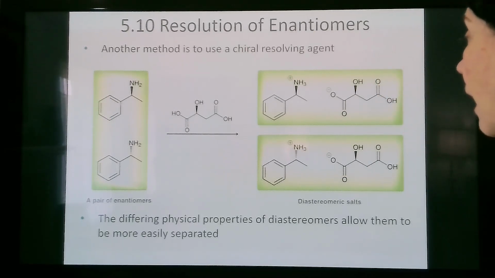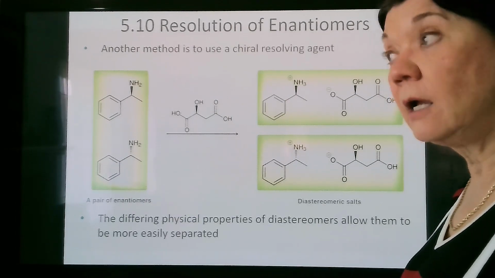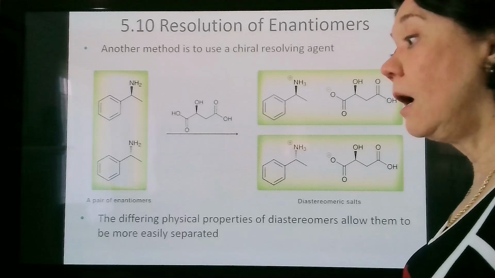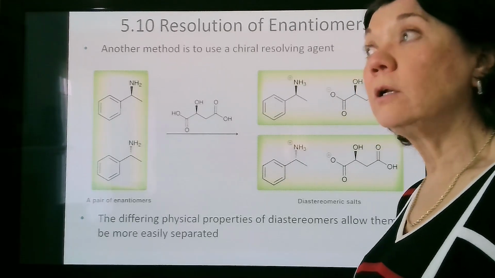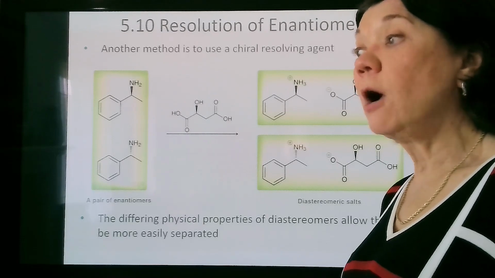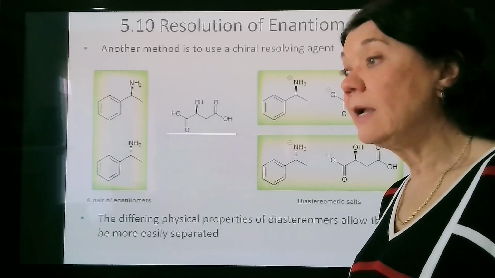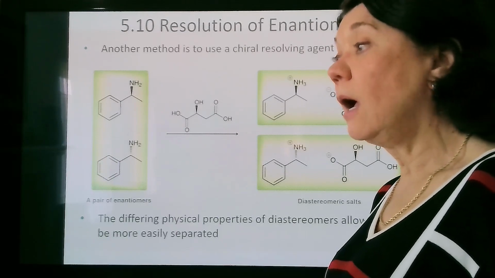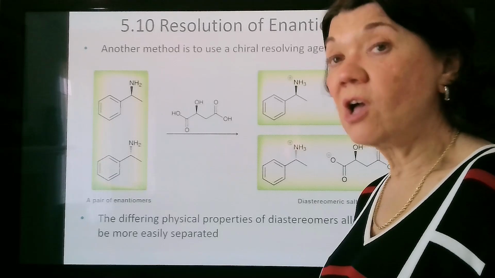And so they can be crystallized differently. One can crystallize at a different temperature than the other, or one can crystallize from a solvent that is not the same ratio of typical solvents as each other.